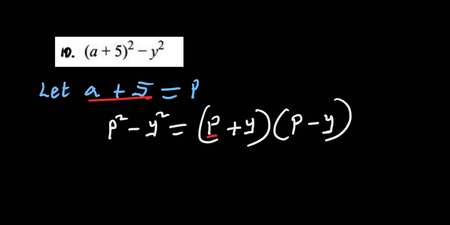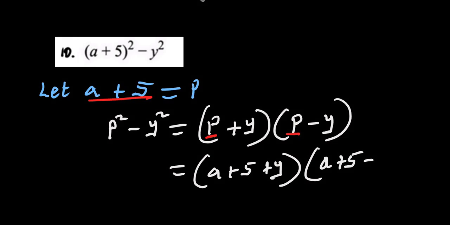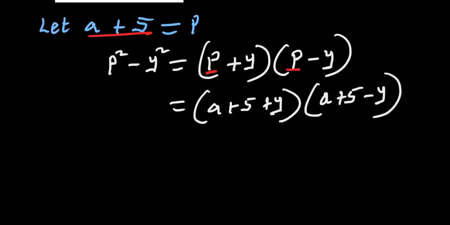So let's just bring a plus 5 into this position over here and over here. So this will be equal to a plus 5 plus y and a plus 5 minus y.